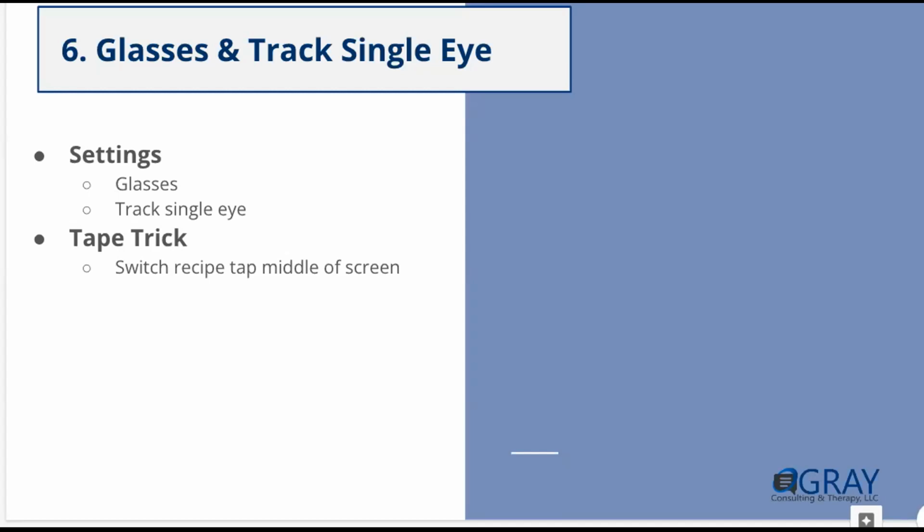Most of the time, glasses are fine, exceptions of them being filthy or being like prism glasses or very thick glasses or tinted can really impact the individual's access to the communication device. Most of the cameras offer an ability to track a single eye.